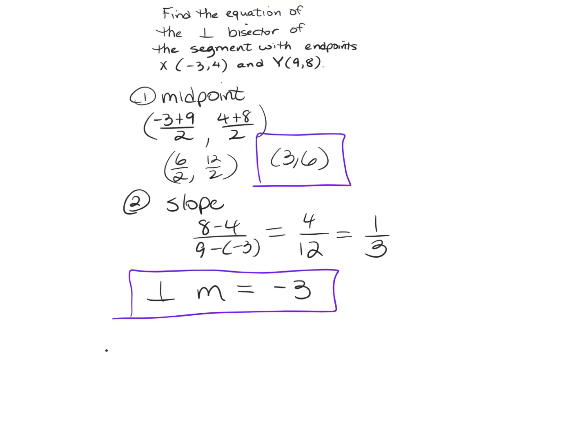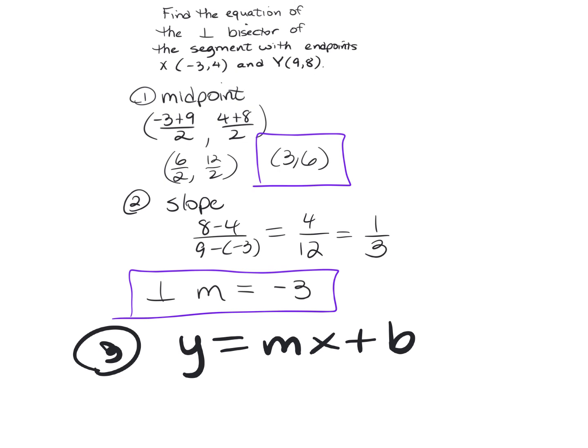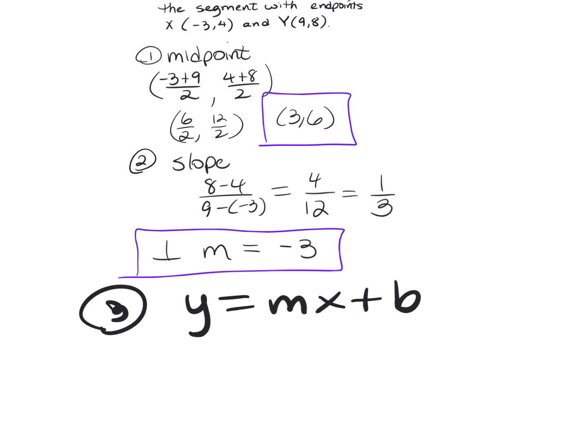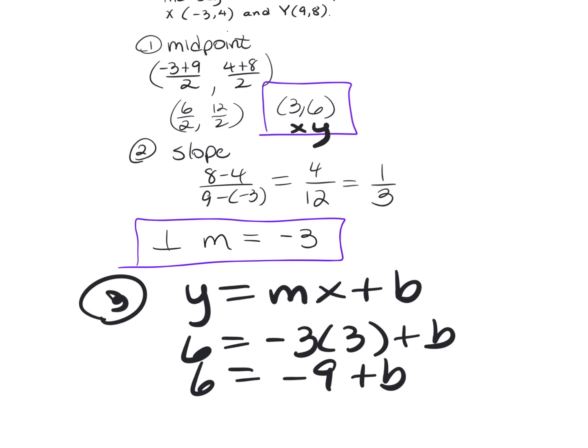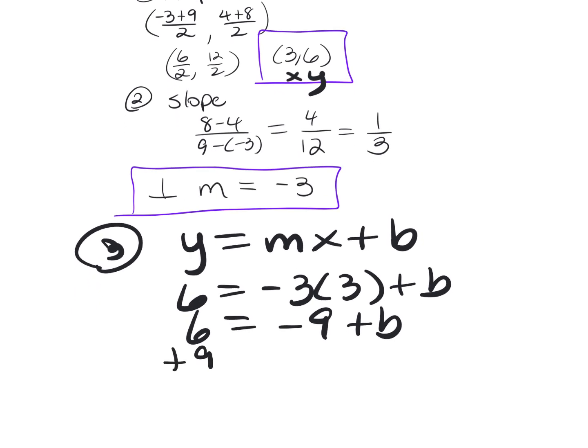So now take that, y equals mx plus b. I'm solving for b. So I'm going to replace y with the 6. This is my x and y. 6 is equal to -3 times 3. I'm finding the b. I'm going to add the 9. 15 equals b.